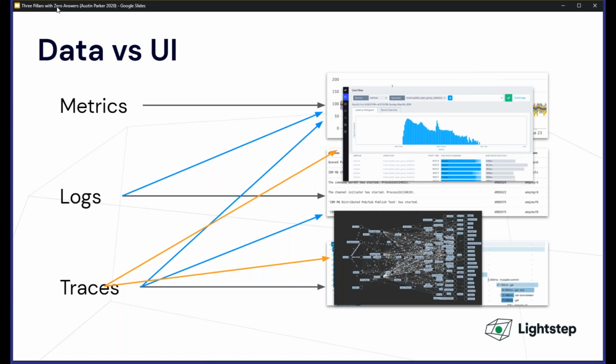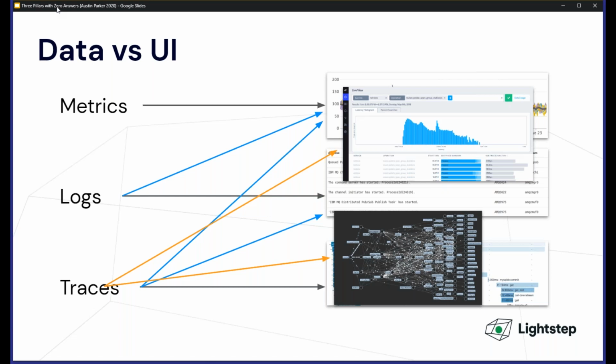I can also turn traces into metric data by looking at the length of time it takes to do certain operations. I can turn that into a latency histogram. If I have some sort of correlation ID, I can take logs and turn them into traces.